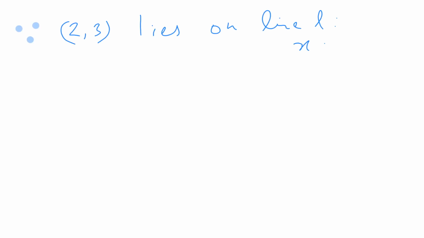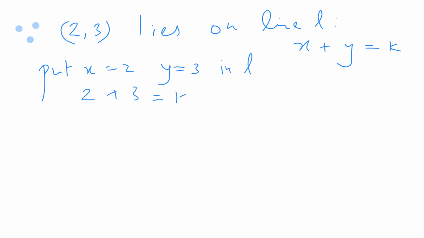So I'll write down, since 2 comma 3 lies on line L, and line L is x plus y is equal to k, put x equal to 2, y is equal to 3 in line L. So 2 plus 3 is equal to k. Therefore k is equal to 5. We got the value of k, which is 5.